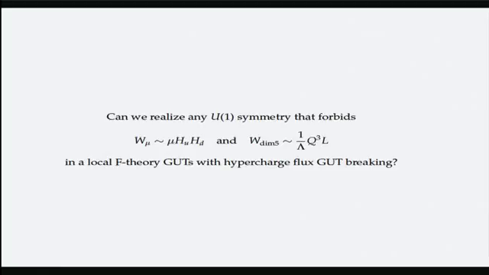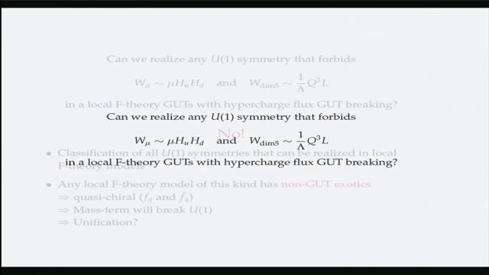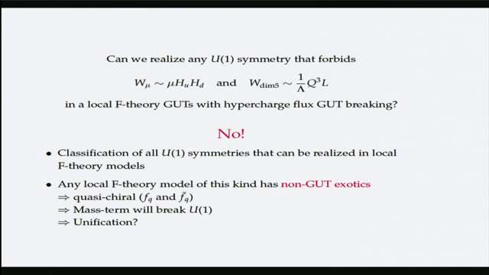Why wouldn't it? And the interesting answer is that in local F-theory models, which is not yet even asking how this is embedded into some Calabi-Yau fourfold, the answer is actually no. You cannot, in fact, have minimal SU(5) supersymmetric GUTs with hypercharge flux breaking and have a U1 symmetry that forbids the proton decay operators.